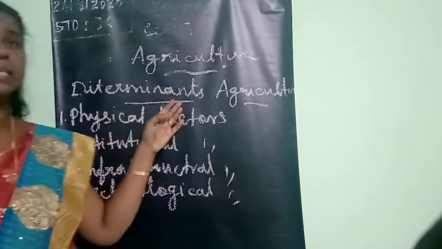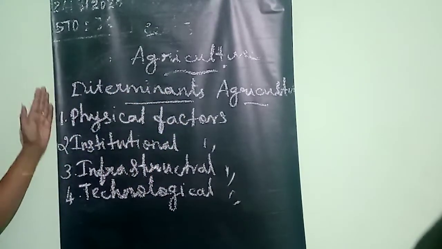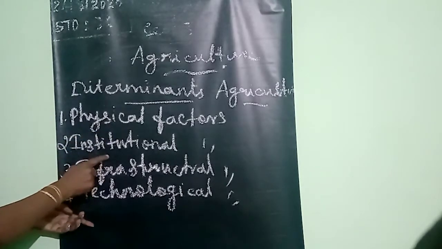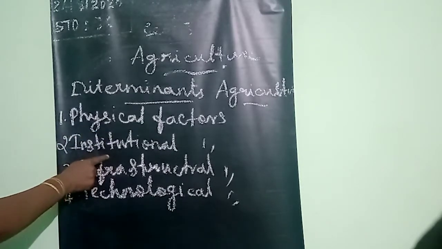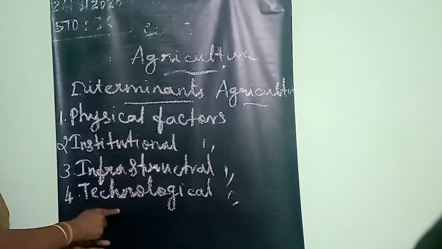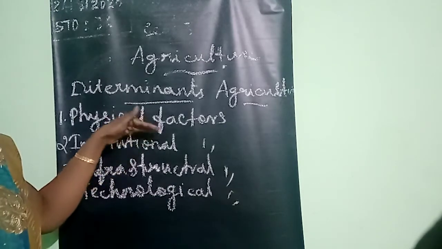Agriculture in India is determined by 4 factors. The first one is physical factors, second one is institutional factors, third one is infrastructural factors, and the fourth one is technological factors. Now I am going to explain one by one.